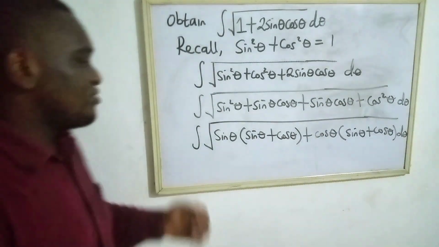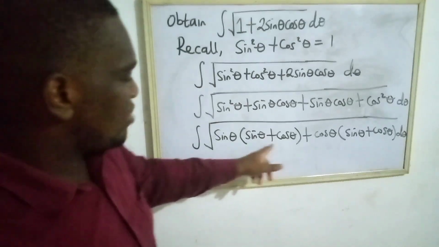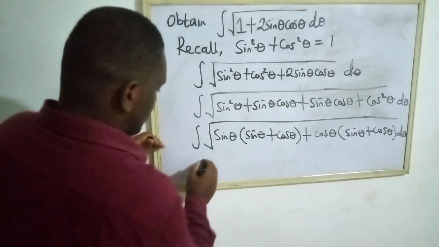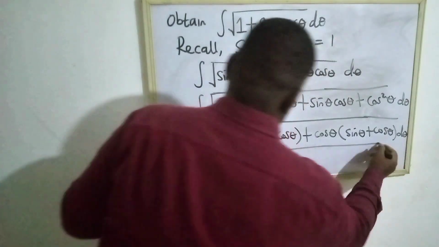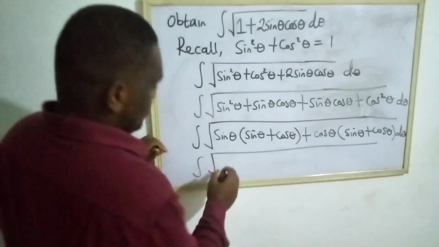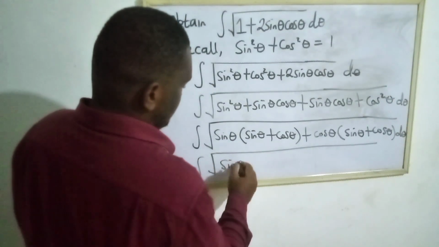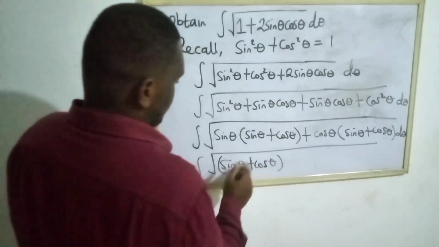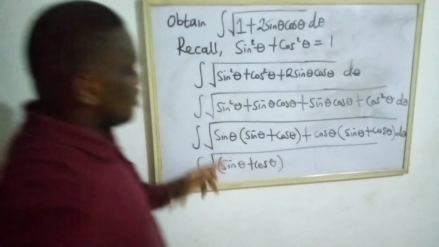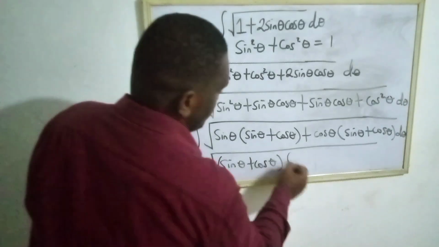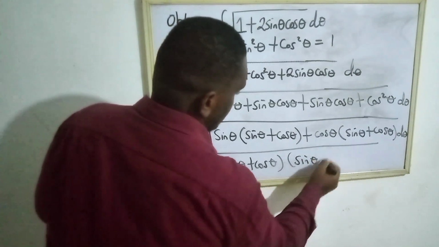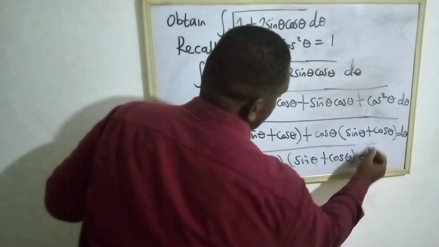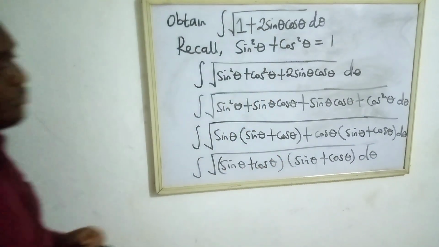Okay, so I notice again that sine theta plus cos theta is also common, so I can still factorize. So this becomes the integral of the square root of sine theta plus cos theta. When I factorize sine theta plus cos theta, what I will be left with is also sine theta plus cos theta d theta.